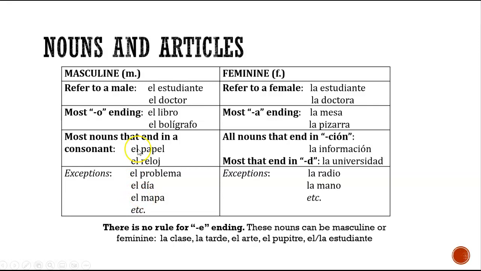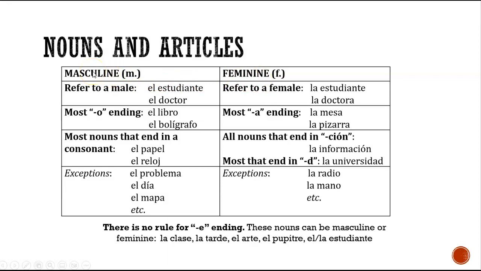We'll take a quick look at nouns and articles. So it's a quite simple system compared to some languages, but compared to English, it could be a little complicated because in Spanish, nouns are classified as either masculine or feminine, something we do not do.